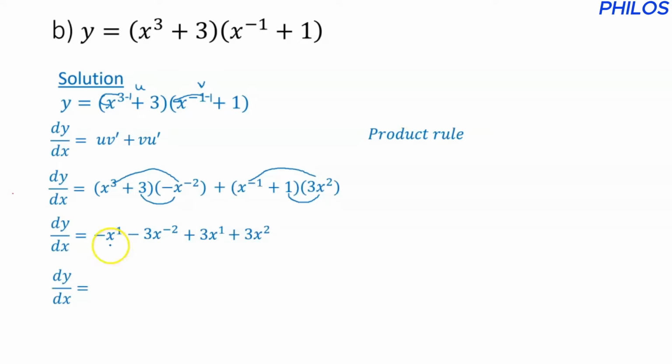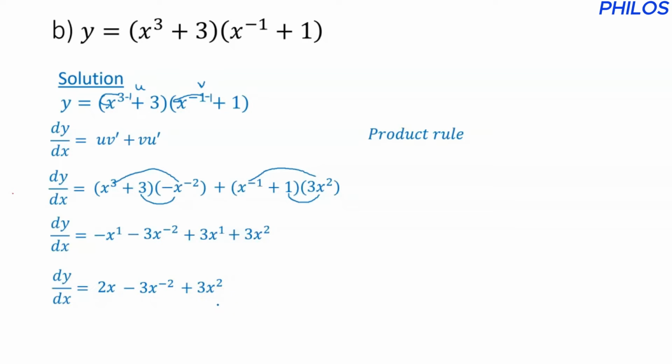We take negative x plus 3x. Negative 1x plus 3x is the same as saying 3x minus 1x. And that should give us what? Positive 2x. Minus 3x exponent negative 2 plus 3x exponent 2. That's the final answer to this.